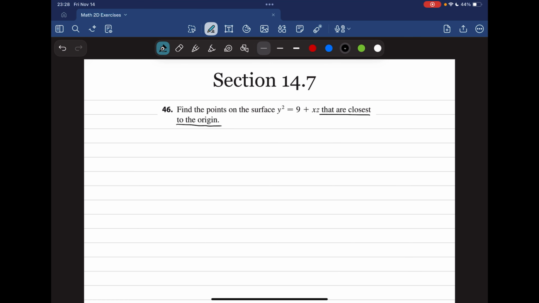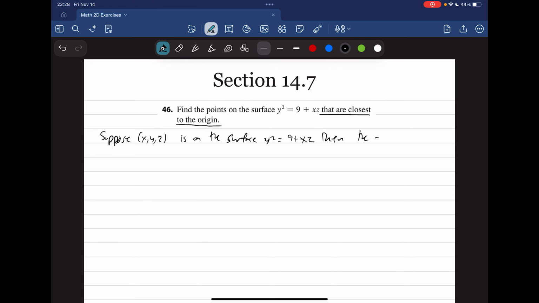So, let's suppose (x, y, z) is on the surface y squared equals 9 plus xz.